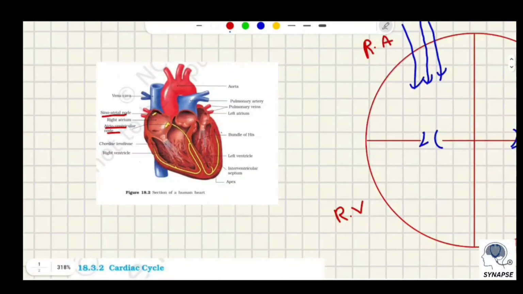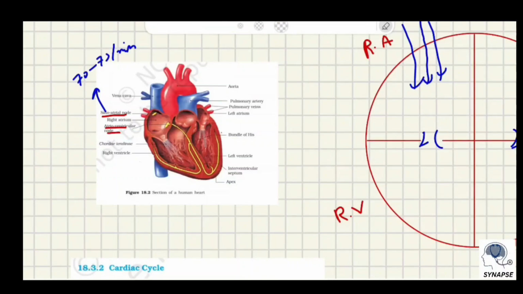Now this is very important to understand. Most people miss it if they're taught that the SA node is called the pacemaker of the heart. Why is it called pacemaker? Is it the only node which is generating these autoexcitable impulses? No. All the nodal tissues have the ability, but the SA node can generate action potentials at the rate of 70 to 75 per minute, as mentioned in your NCERT.